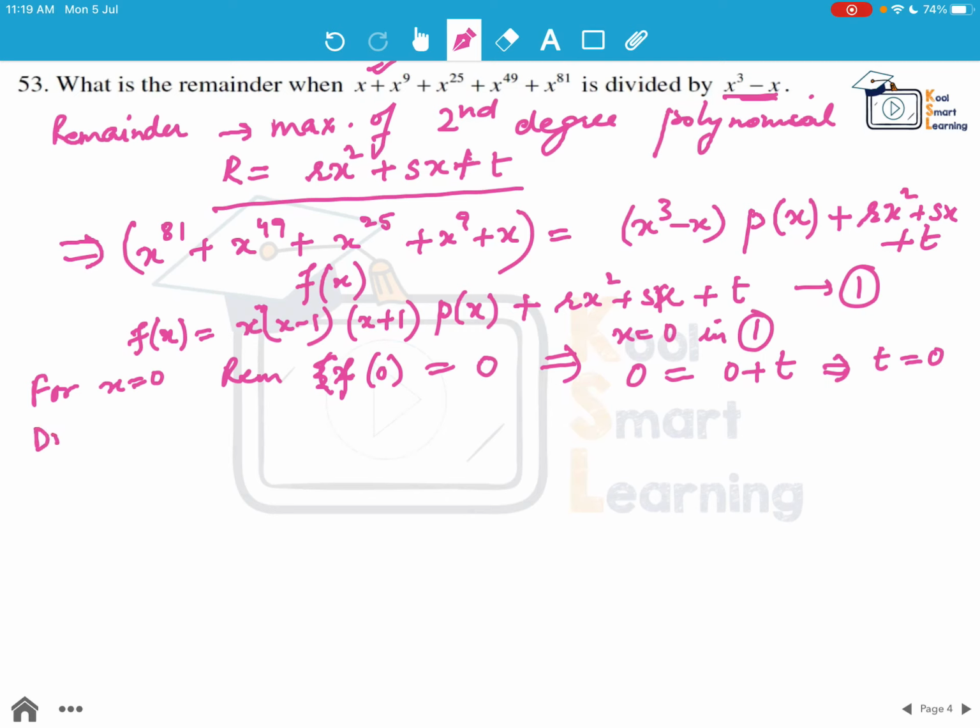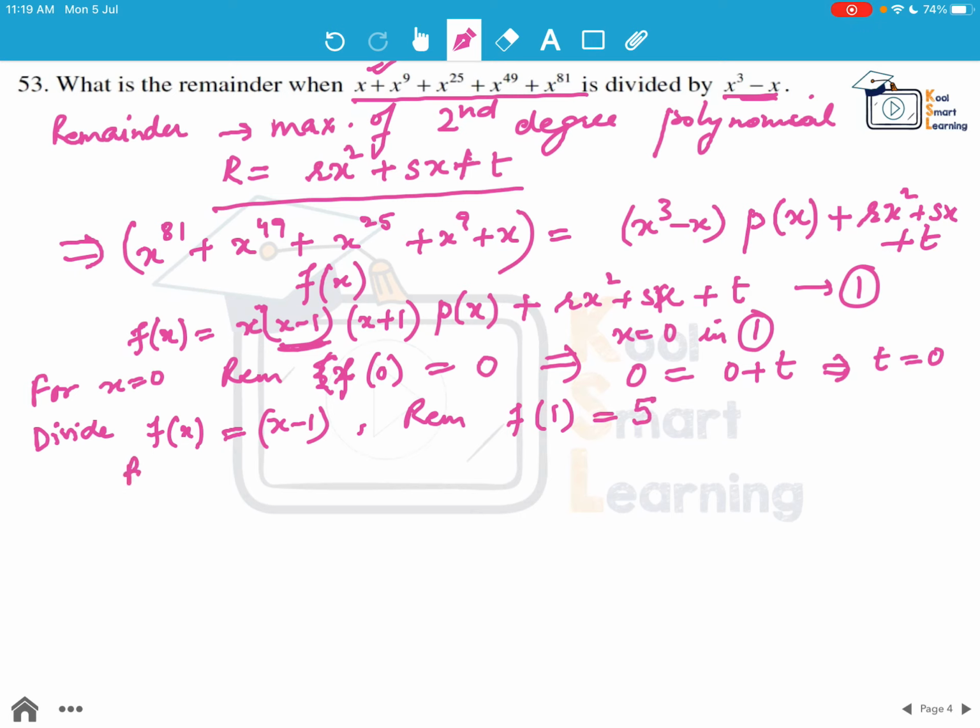Now divide fx with x minus 1. What do we get? Again, as per the remainder theorem, the remainder is going to be f1. So what is f1? If we put x equal to 1 in this fx, we get f1 is equal to 5.